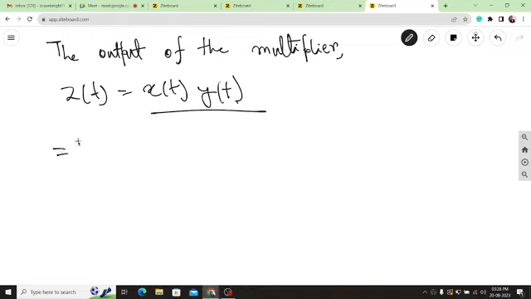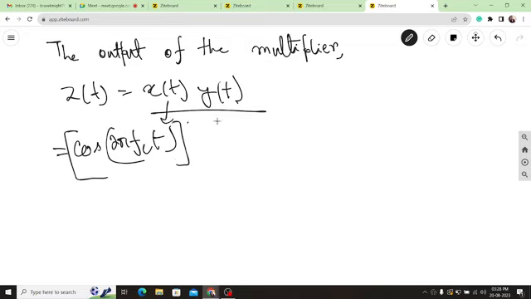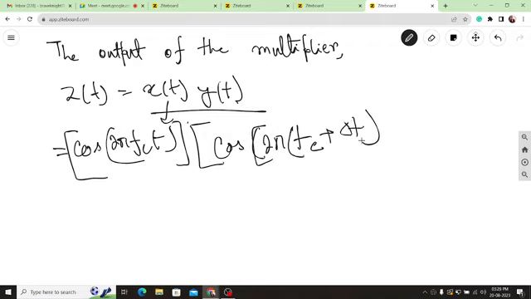So that is cos 2 pi fc t, this is one signal, that is x(t), into cos of 2 pi (fc plus del f) t plus del theta.